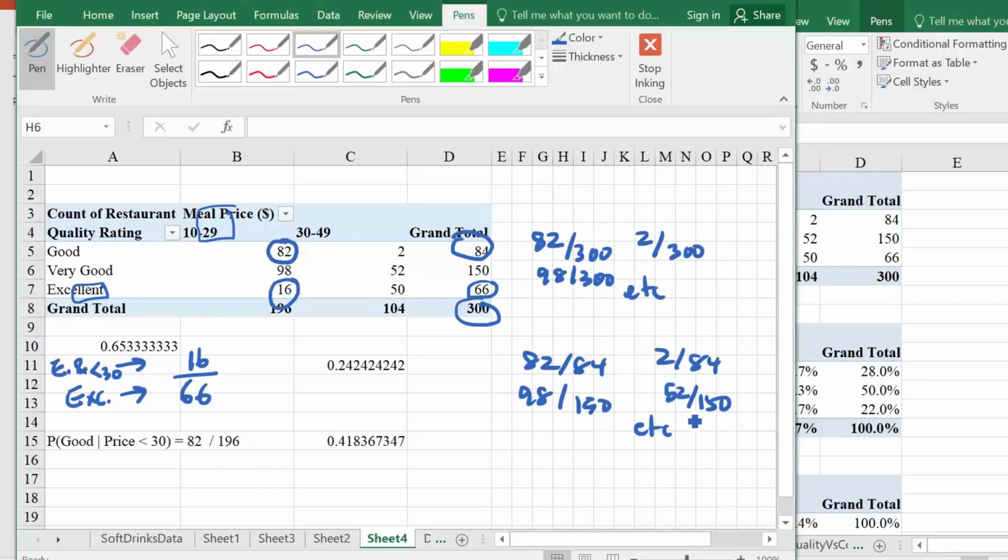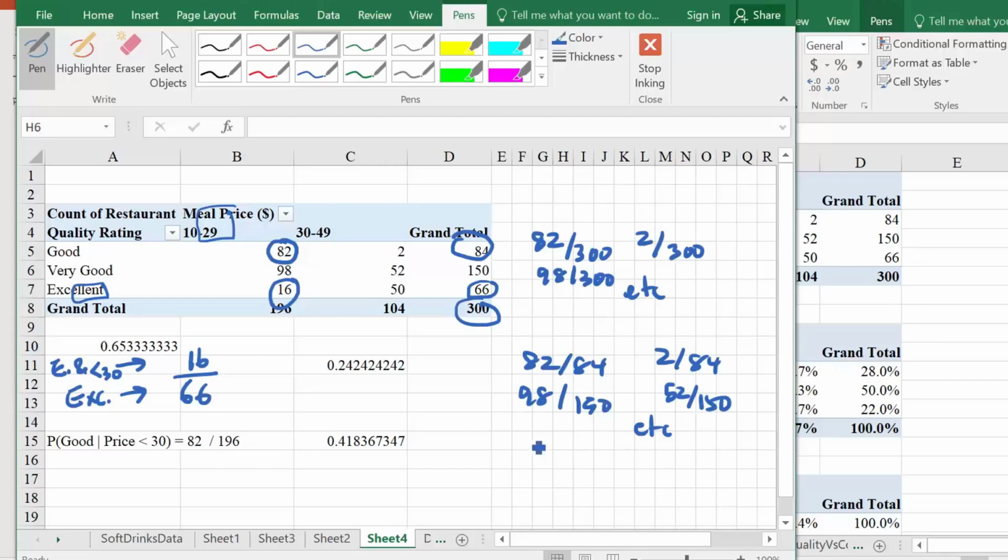Out of the good restaurants, what is the probability the meal price is under $30? Or you could say, what is the percent of restaurants with under $30 out of the good restaurants?